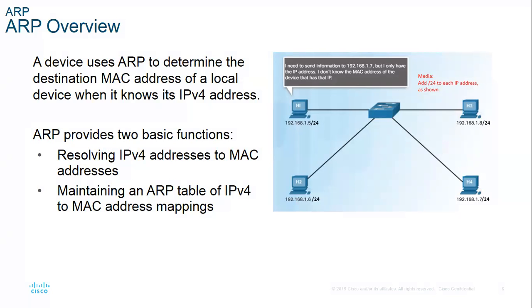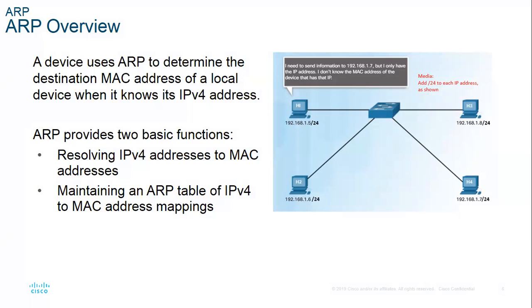The ARP protocol is used to determine the destination MAC address of a local device if you know the destination IP address. So the two basic functionalities of ARP are to resolve IPv4 addresses to MAC addresses and to maintain an ARP table of IPv4 to MAC address mappings.